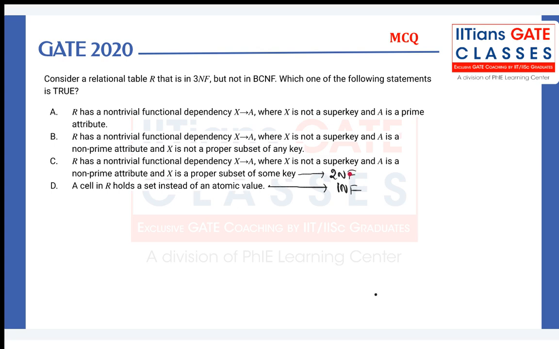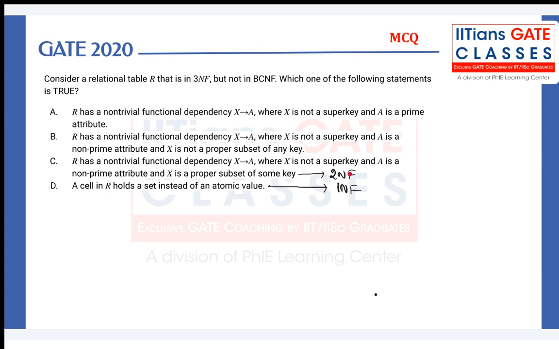Okay. Option B. Why is option B not correct? A should be prime. Achha. Let's see.